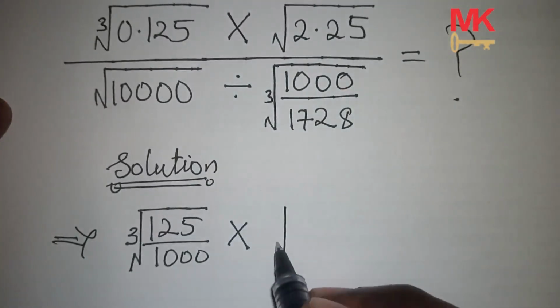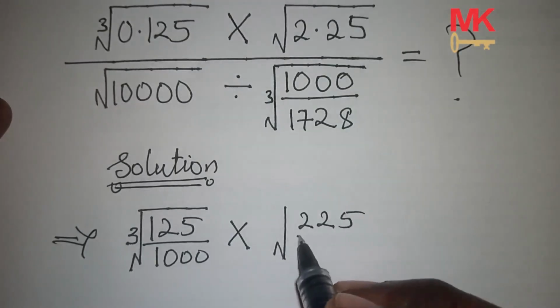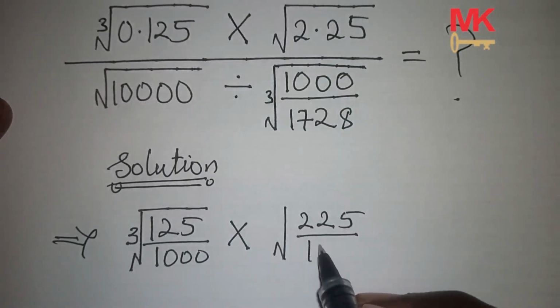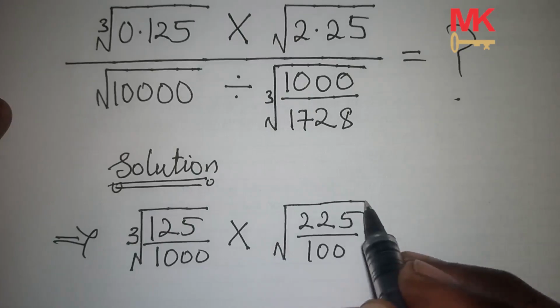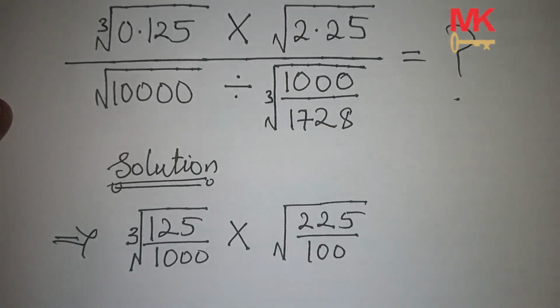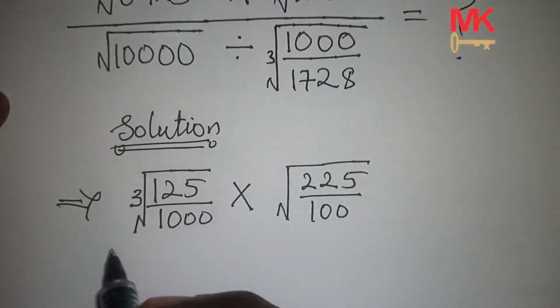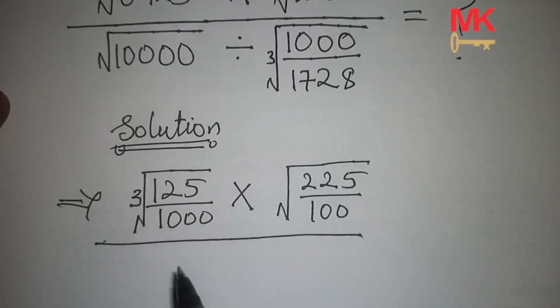So we're just going to have square root of 225 divided by 100. So we're having 100 here because we have just two decimals here now. So from here, the bottom you see here, we're just going to maintain the bottom for now.